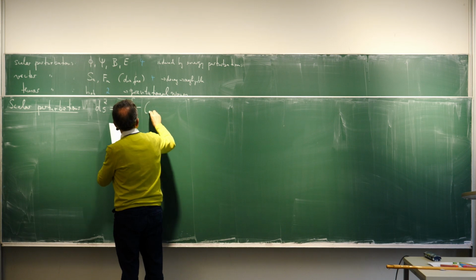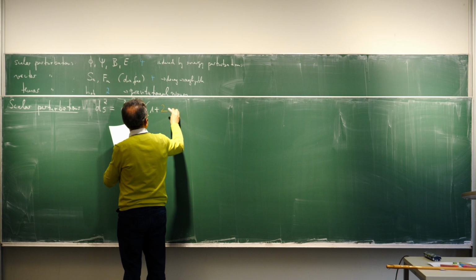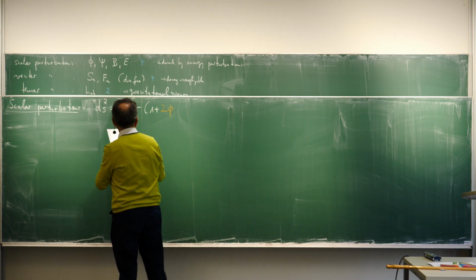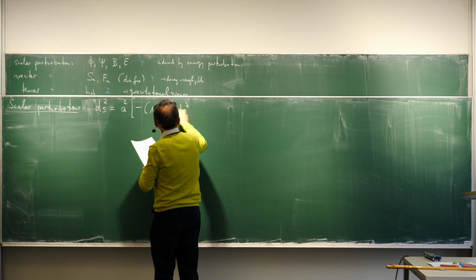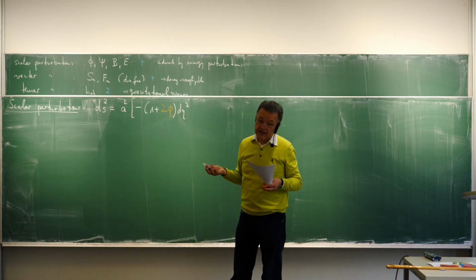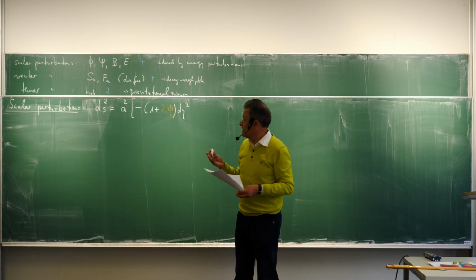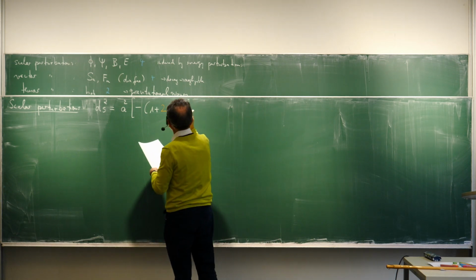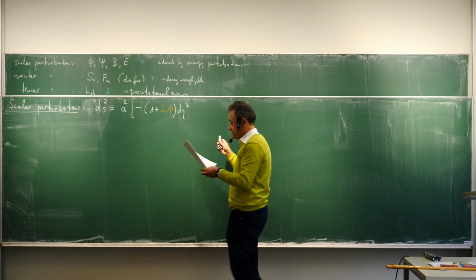So we have minus 1 plus 2 phi, so this is the first term, the d eta squared. Sometimes this is also called capital A in the literature. Literature is not uniform about that notation. But I used the phi because I used the same symbol also earlier in the Newtonian context.